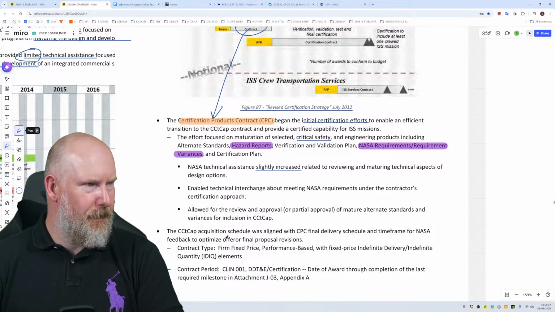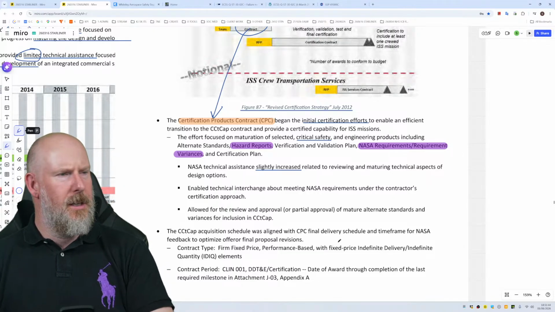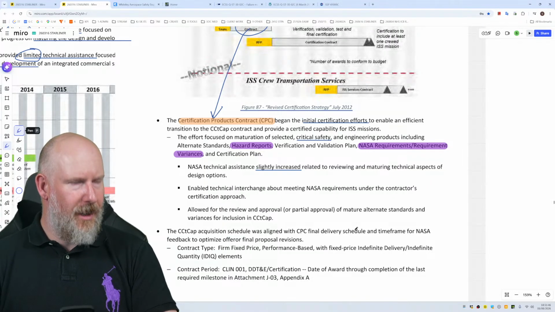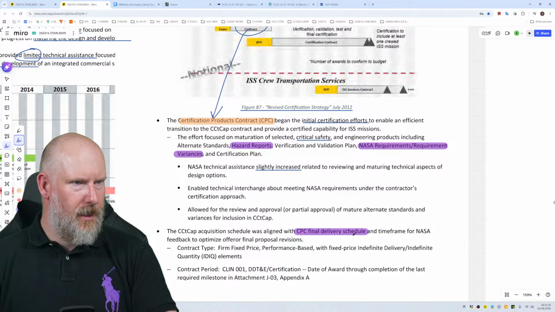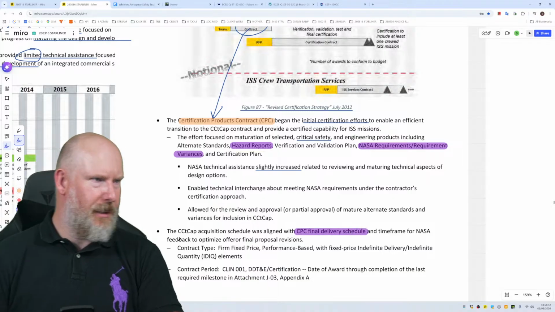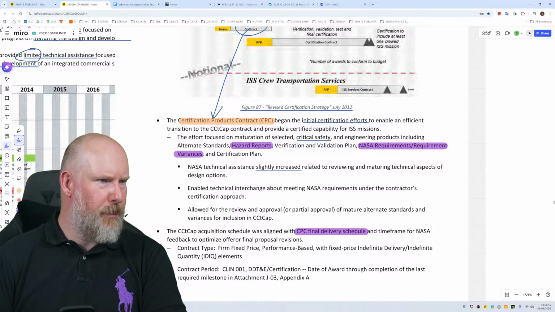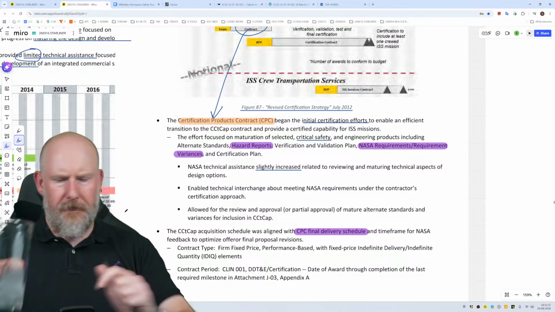The CCT CAP acquisition schedule was aligned with CPC final delivery schedule and time frame for NASA feedback to optimize offer or final proposal revisions.